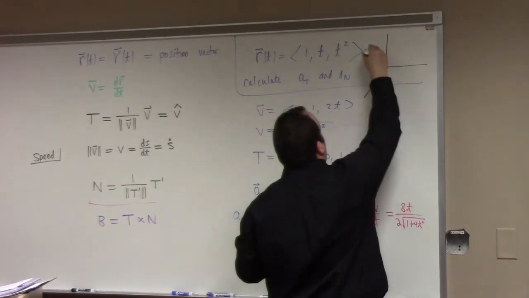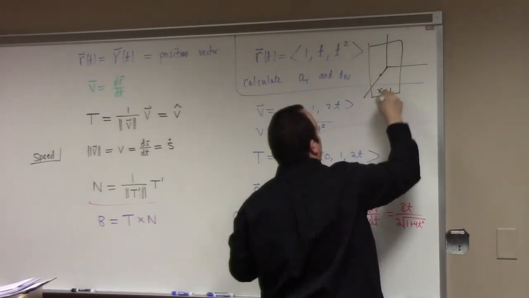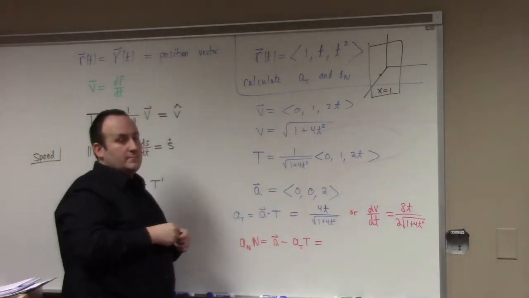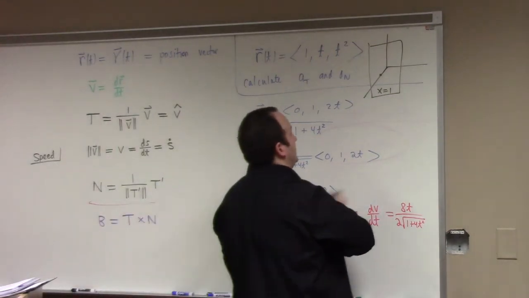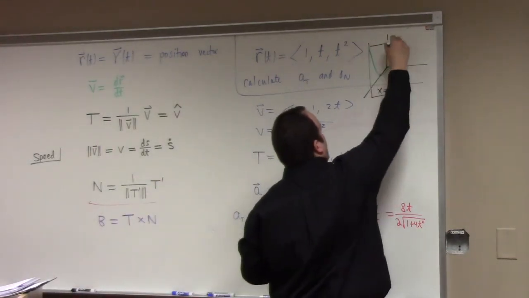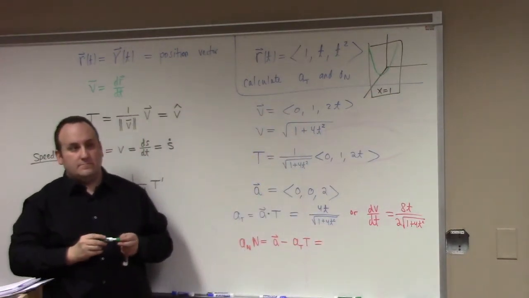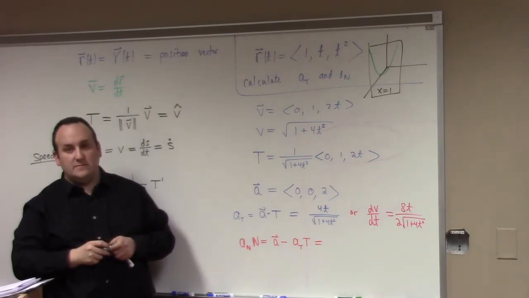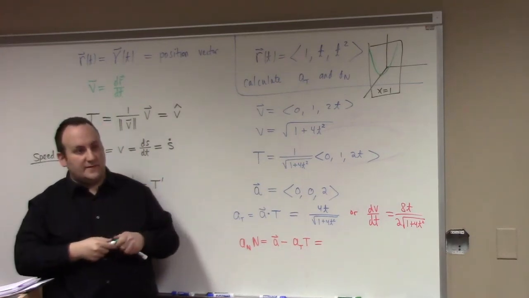It's the x equals 1 plane, right? It's really just a parabola in the x equals 1 plane with parameter y equal to t, and z equal to t squared. So it's a parabola that opens up like that.